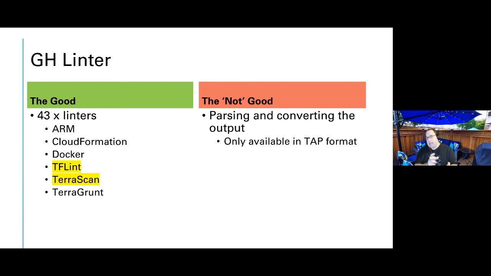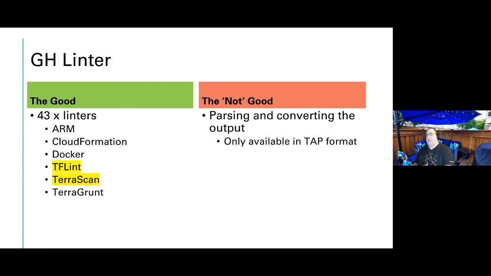You're going to have to take each TAP file that's produced, which I'll show you in a moment, and then parse and convert it into a format that is supported in, say, Azure DevOps for the pipeline test results, which has a specific format that it supports. So JUnit, XUnit, and so forth. So not too big of a deal per se, but it does mean you're going to have a little bit more work to be able to utilize the results from within the pipeline space.